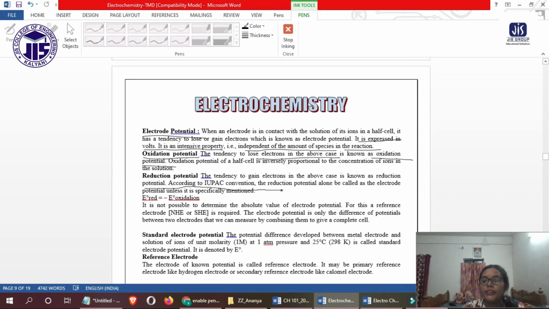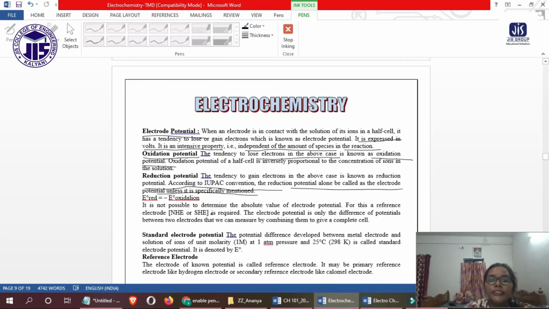According to IUPAC's convention, the reduction potential alone is called the electrode potential unless otherwise mentioned. Okay, so E0 reduction potential equals minus E0 oxidation potential, obviously, because this is the reverse case. One is electron releasing potential, one is electron gaining potential.